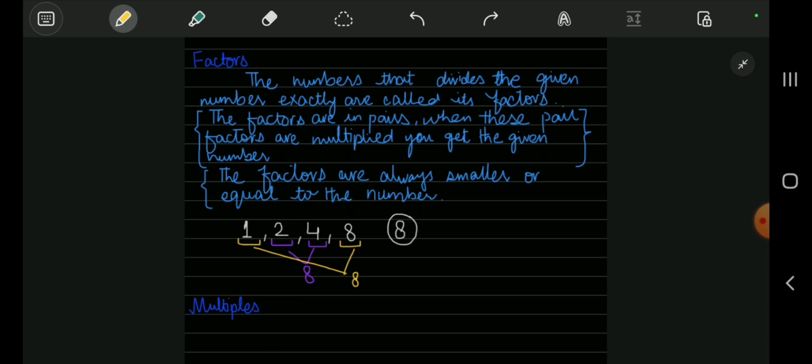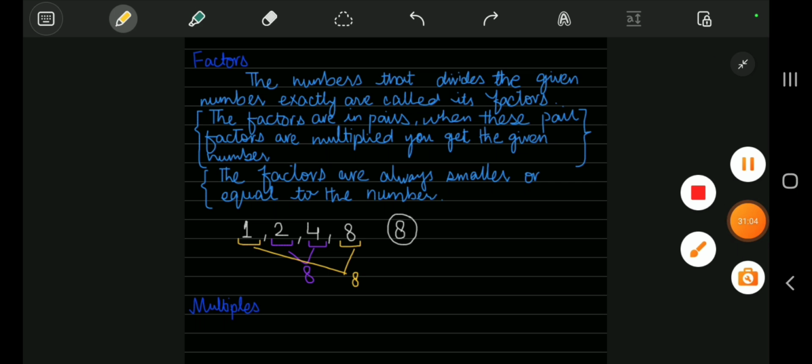On the contrary, the multiples would be the numbers that you get when you multiply the number with the natural numbers. In other words, the table of that number will be its multiples.